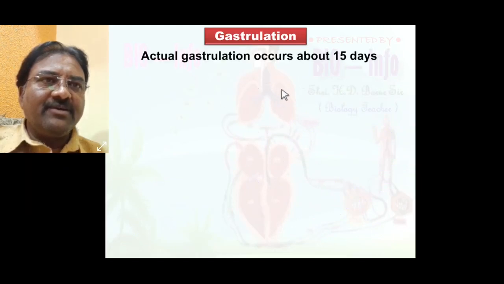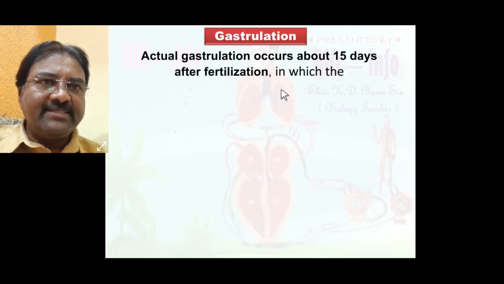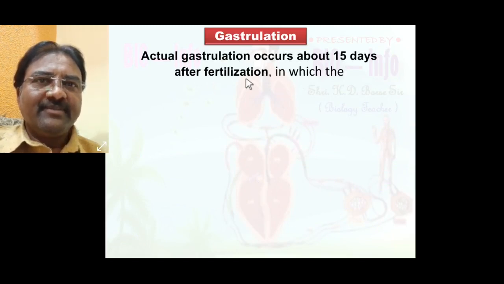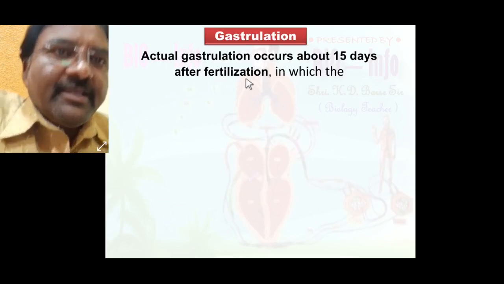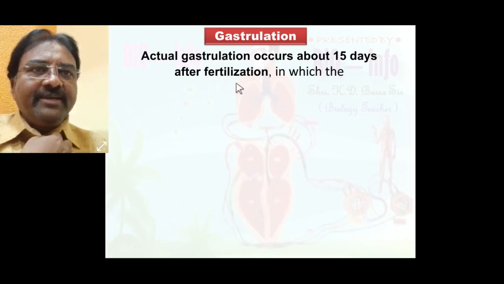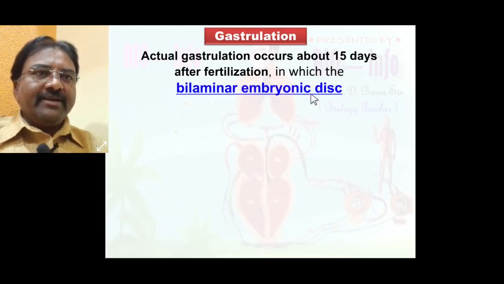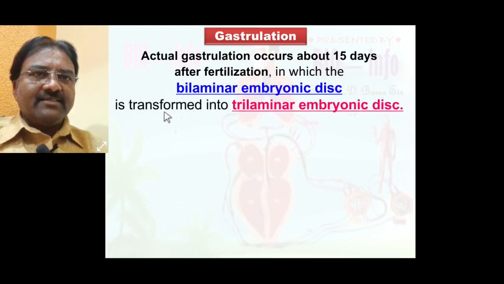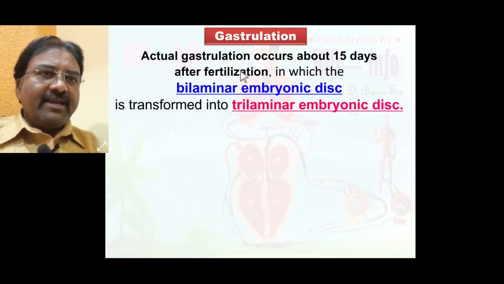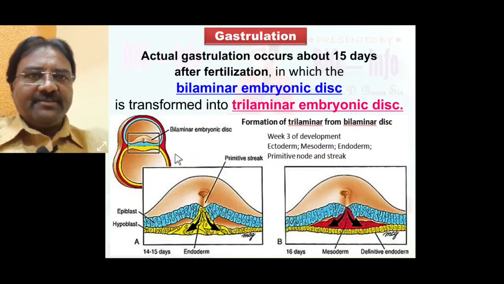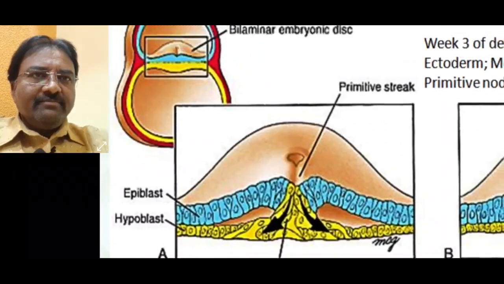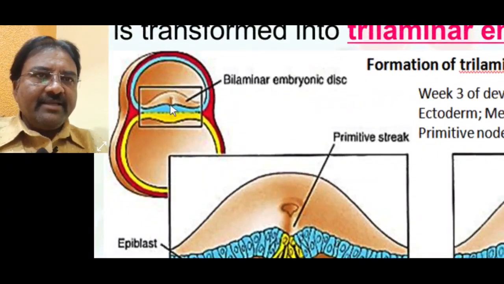Actual gastrulation occurs about 15 days after fertilization. This is a noted point. In gastrulation, the bilaminar embryonic disc is transformed into a trilaminar embryonic disc. Seen here in diagrammatic representation, the bilaminar embryonic disc.